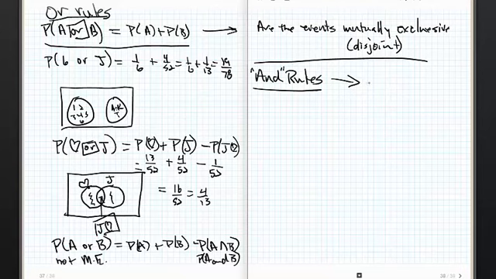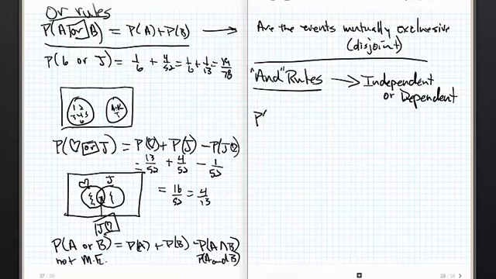The and rules have to do with something called independence, or dependent. All right? Okay, now, let's start nice and simple.